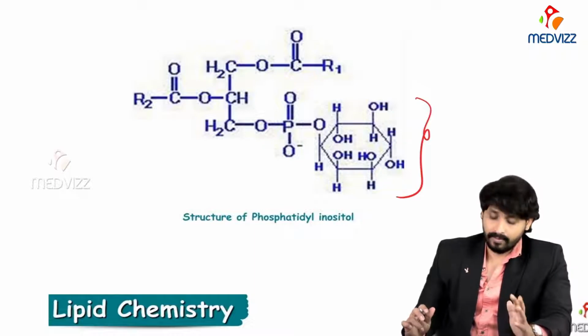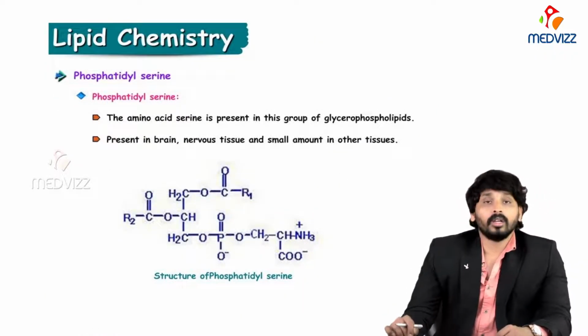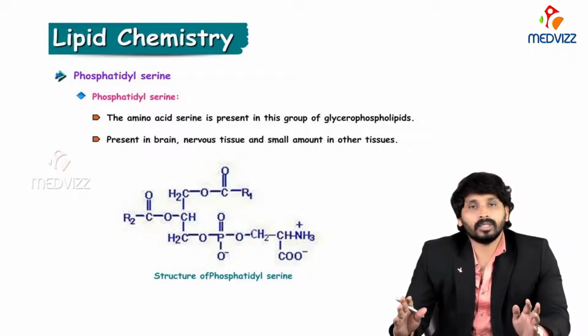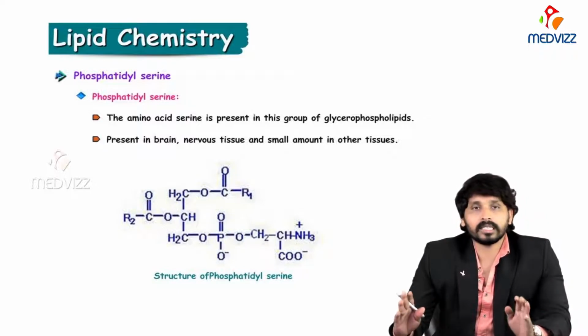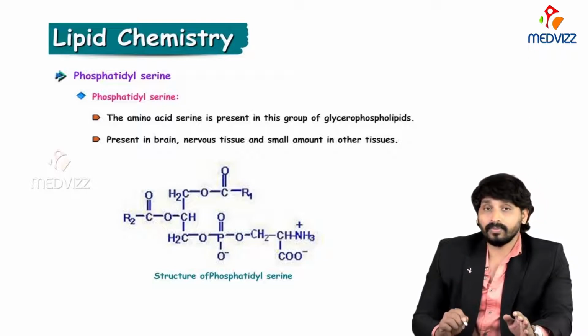Now phosphatidylserine. If the amino acid serine is present with the glycerophospholipid, that phospholipid is known as phosphatidylserine. You see the amino acid serine here. Here the source of the nitrogen base is the amino acid serine.